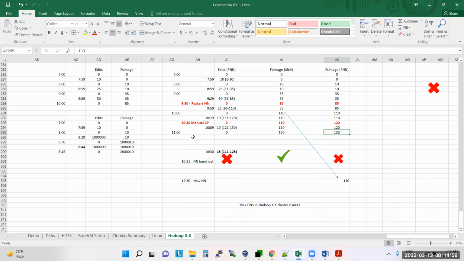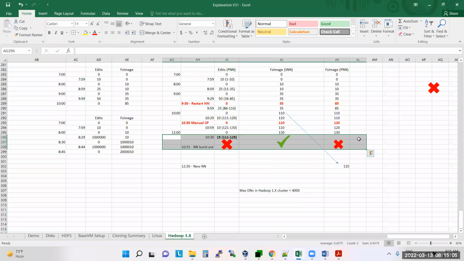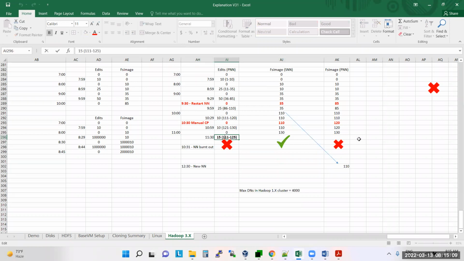So now the time is again, let's come to this scenario. Now the time is 11:30. So here 131 to 145, there are 15 edits. At 11:30 the name node burns out.